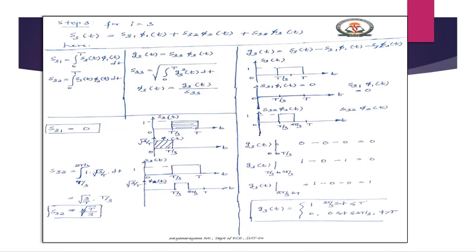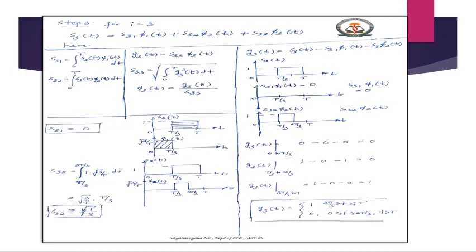Therefore, S33 is nothing but the root of the integration from 0 to T of g3 square of t into dt. Therefore, phi3 of t can be found as g3 of t divided by S33, and the value for S31 will be equal to 0. Why?